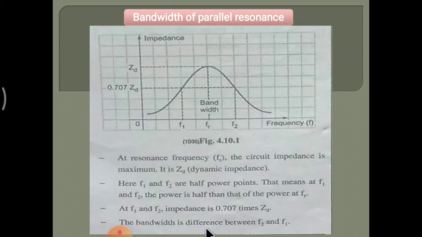The bandwidth is the difference between f2 and f1. To calculate the bandwidth, from the total f2 minus f1 we get this value, and this value is the bandwidth, that is f2 minus f1.